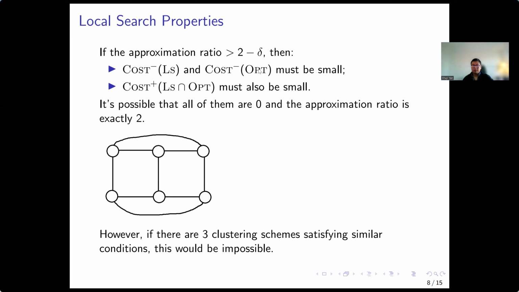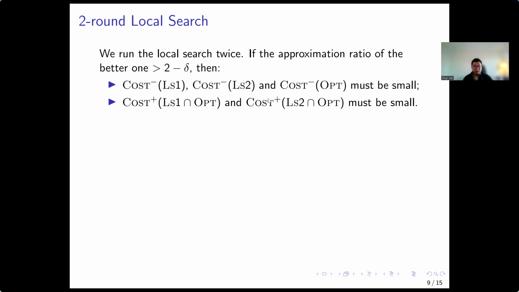And if these 6 terms are all small, it's impossible that all of them are zero. So we are not proving this here, but we will go back to this claim later. But now let's first see how we can construct such smooth solutions.